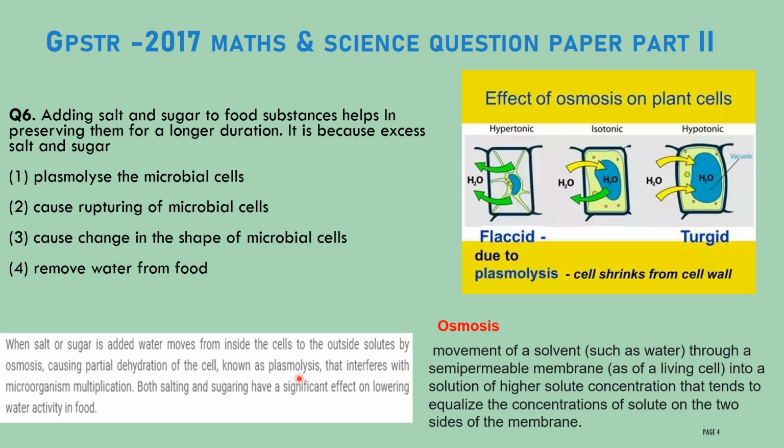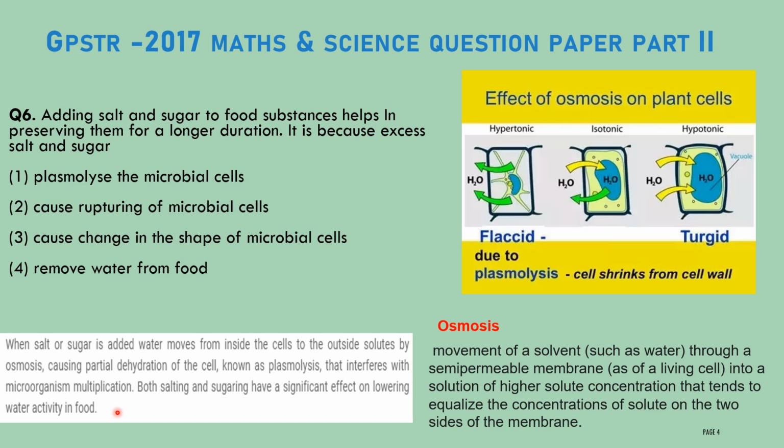When you add sugar and salt to food materials, the concentration of the solute inside the cell increases, so automatically the water will move from inside the cell to outside. That interferes with microorganism multiplication.